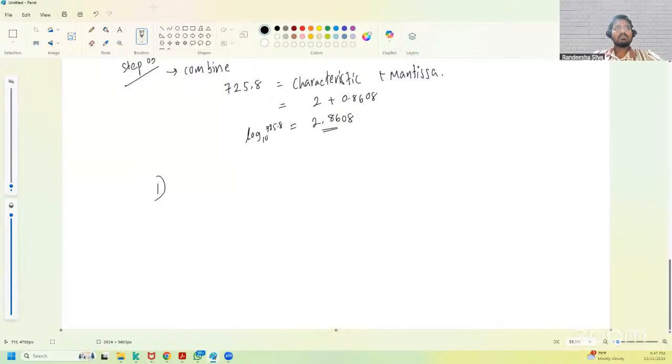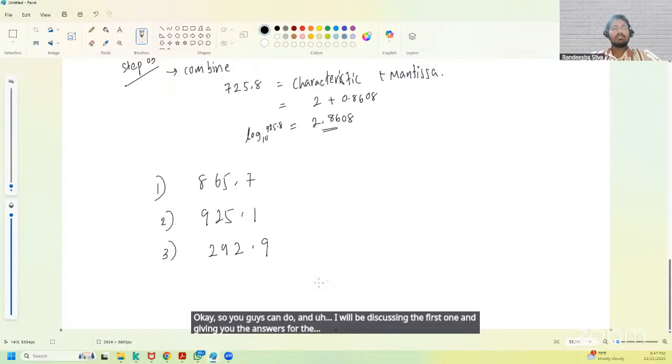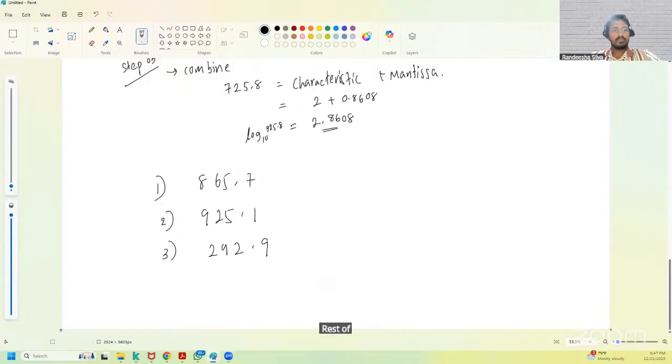First one. You can do these, and I will discuss the first one and give you the answers for the other two. You can have 5 minutes for this. This is not hard.